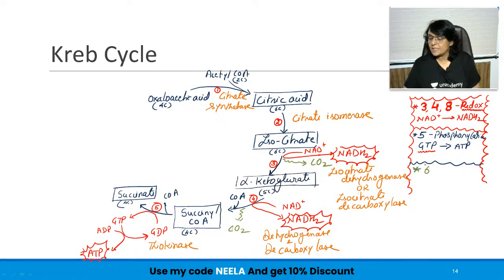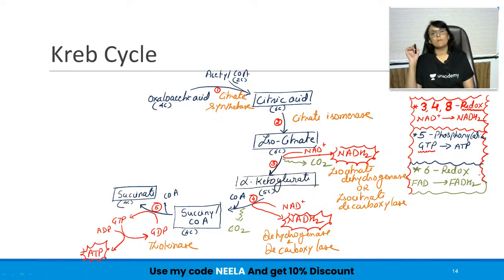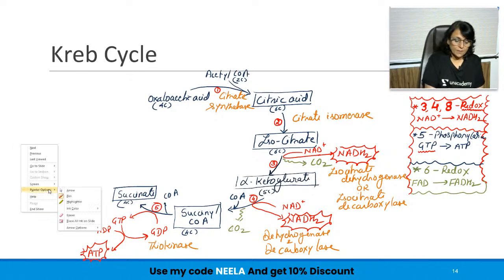Step number 6 is also a redox reaction, but here in this redox reaction FAD gets reduced into FADH2. So these things we have to remember whenever we are drawing Krebs cycle. So now we are coming on step number 6.